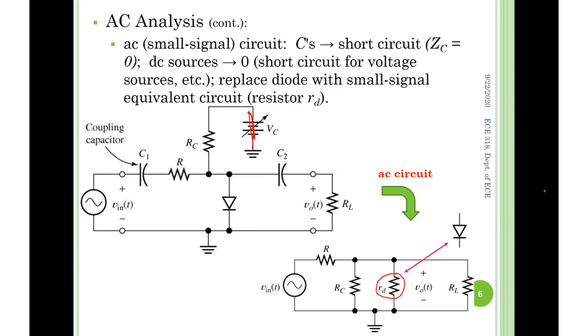Take a look. I'll give you guys 10 seconds to see if there are any questions. AC source remains. RL remains. RC remains. But you flip it down again. Short this ground with this ground. Easier to see.